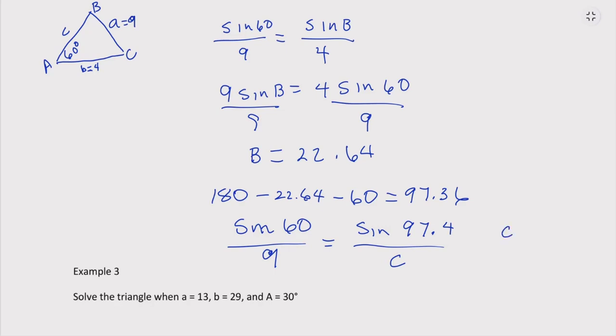I kind of ran out of space here, so cross multiply. I'm going to come up here. So this would be c sine of 60 equals 9 sine of 97.4.